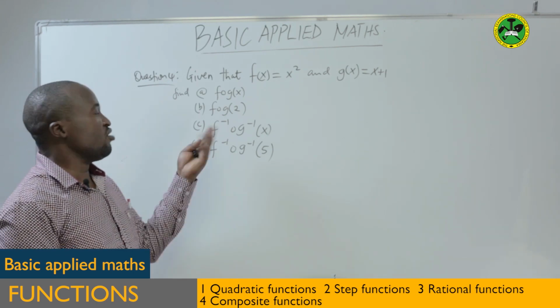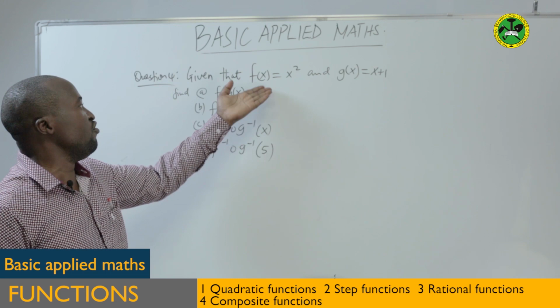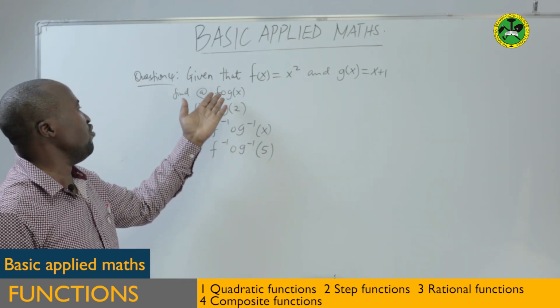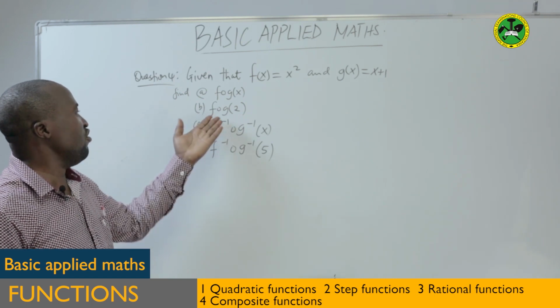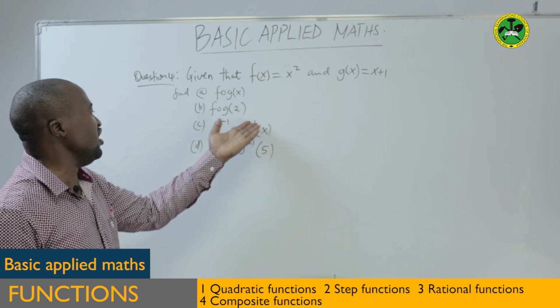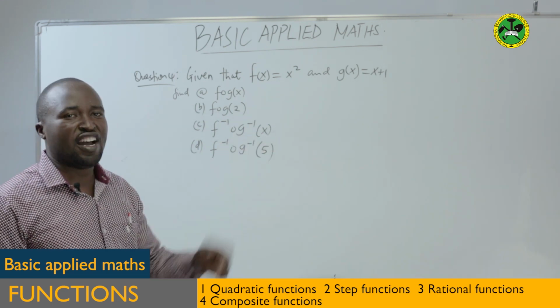So this is what we call the composite function. We have been given the two functions, f of x and g of x, and we are supposed to find f of g of x, f of g of 2, f inverse of g inverse of x, and f inverse of g inverse of 5.